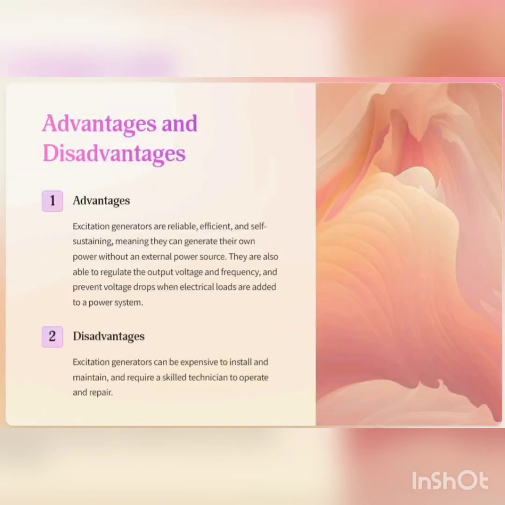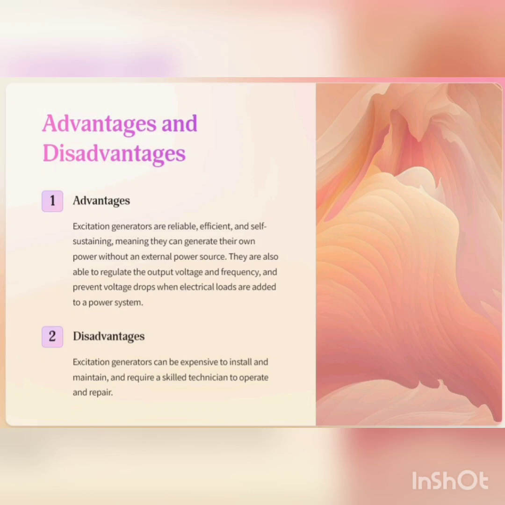Today I would like to share about excitation generator advantages and disadvantages. So first of all, advantages: excitation generators are reliable, efficient and self-sustaining, meaning they can generate their own power without an external power source.